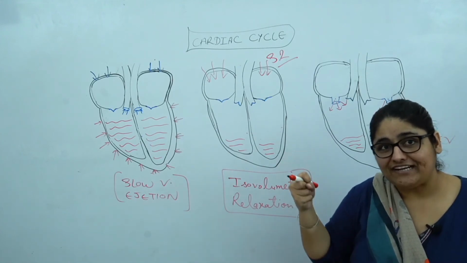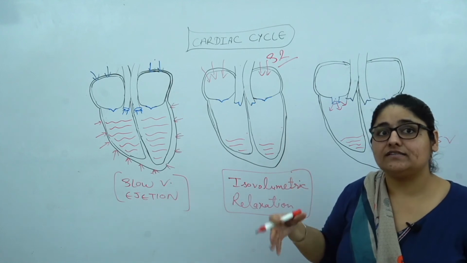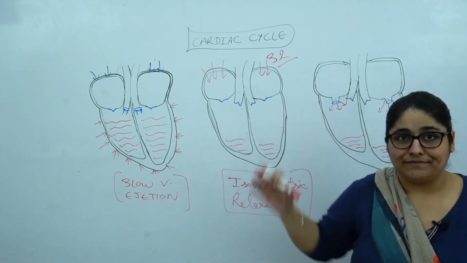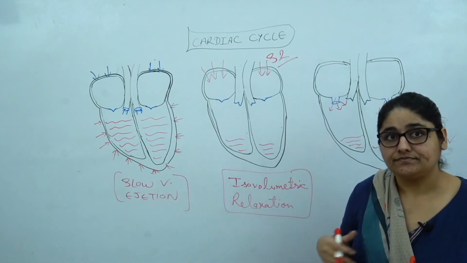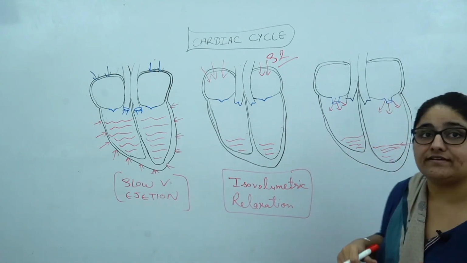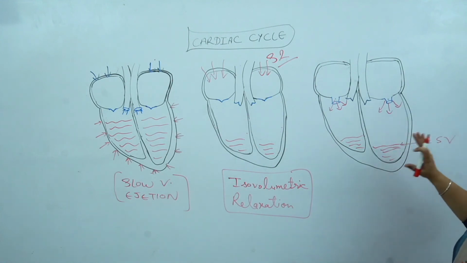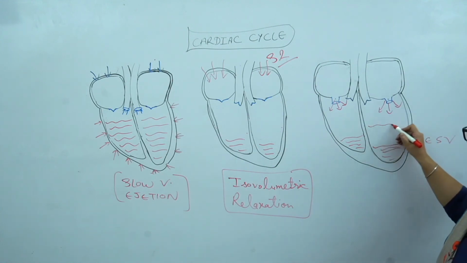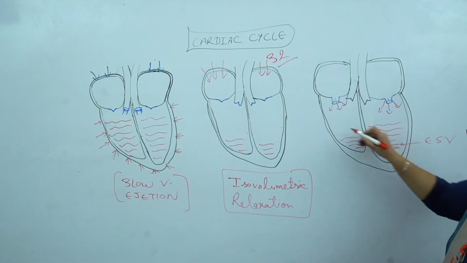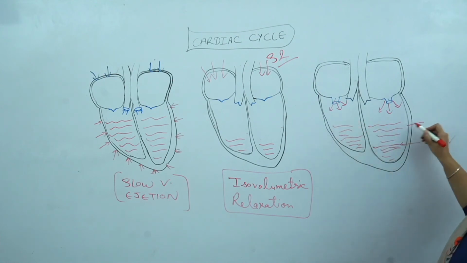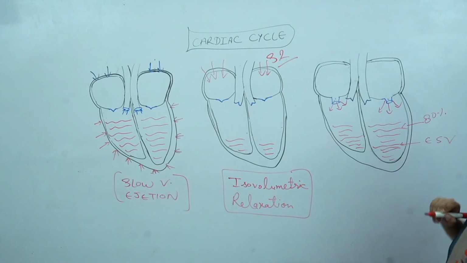Atria is not contracting and squeezing out the blood, but the blood is getting filled passively into the ventricles. So, this will fill the ventricles up to 80%. It is called passive ventricular filling.